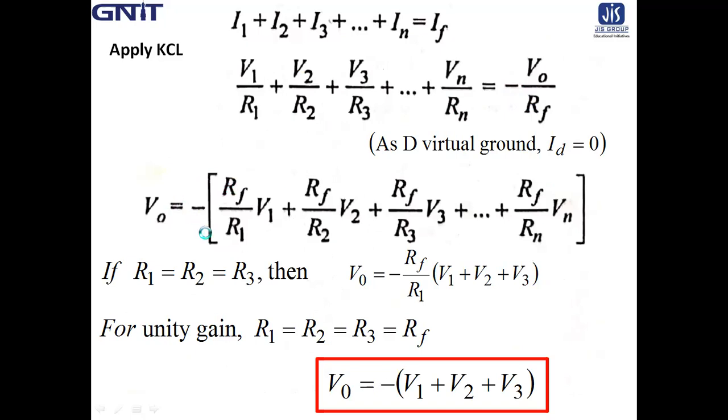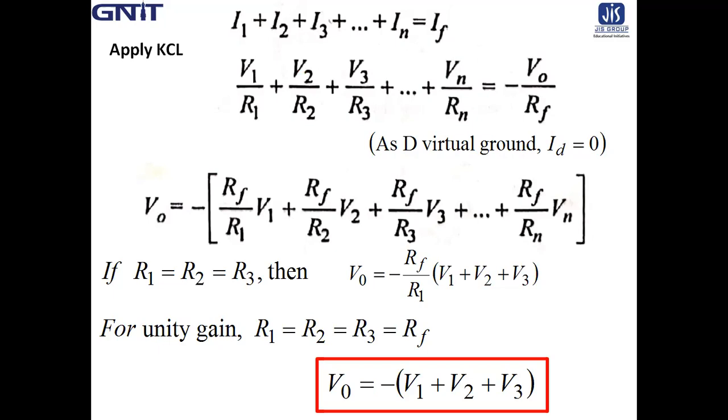Therefore, V0 can be expressed as minus (RF by R1 into V1 plus RF by R2 into V2 plus RF by R3 into V3 plus up to RF by Rn into Vn).